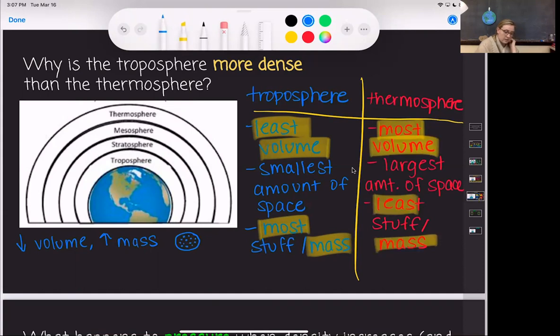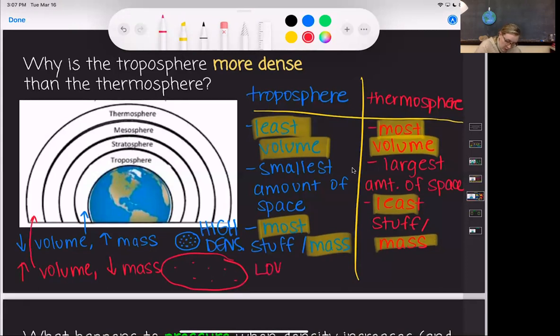So the thermosphere is going to give us high volume, low mass, meaning we have a giant area and only a few particles. That tells me that the troposphere, which corresponds to all of this, is going to have high density. But the thermosphere, which corresponds to this one, is going to have very low density.